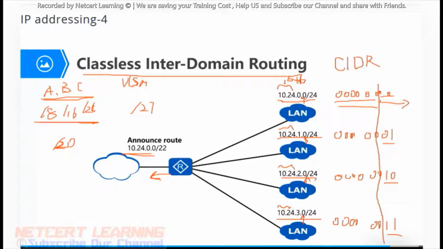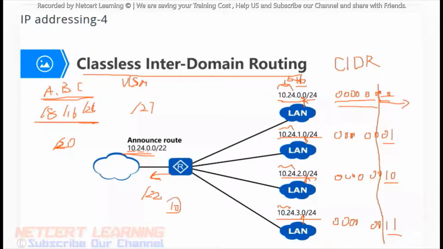So we use this 16 plus 6, that means 22. The first 22 bits are 10, 24, and then 0. And then the rest 10 bits include the last host part and the 2 bits in the network part.